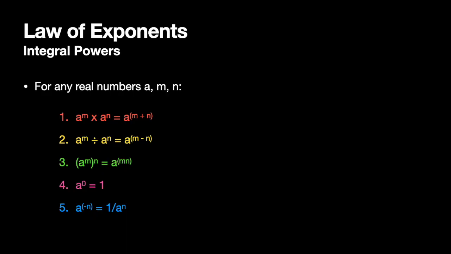And remember, the reciprocal of a number, which we discussed last video, is 1 divided by, or 1 over, a to the power of n. So these rules hold for integers and also form the basis for rational exponents that we will see in the next slide.